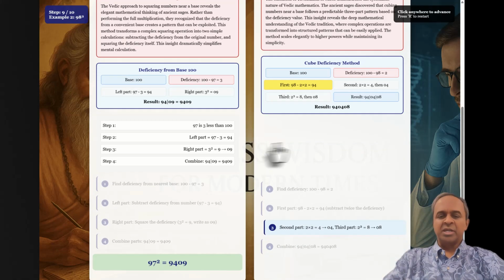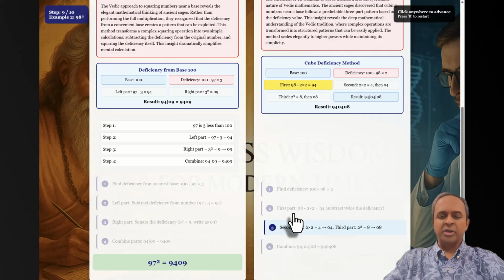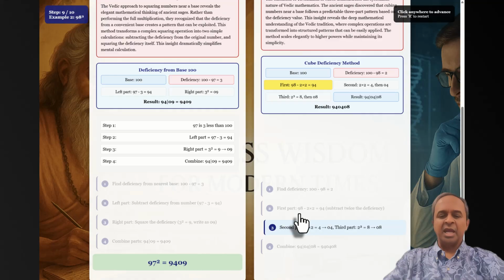As a first step, we found the deficiency. Then for the first part, you take the left side, 98, and now this is a cube. So instead of just subtracting the deficiency 2, you multiply 2 times 2, which is 4. So you subtract 4, twice the deficiency, from 98. That's 94.